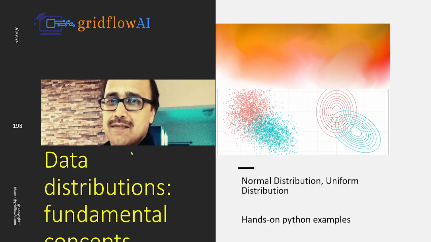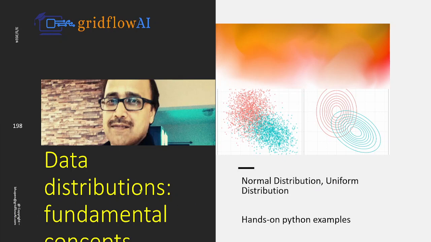Let's get started. Understanding data distributions is very fundamental, and it involves familiarizing ourselves with many of the fundamental concepts on data distributions. Some of the data distributions that we will focus on in this particular video are the normal distribution and uniform distribution.